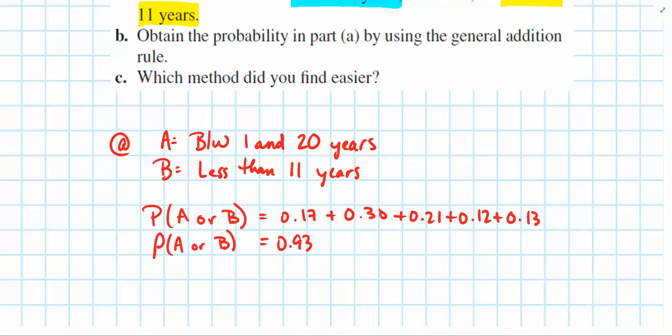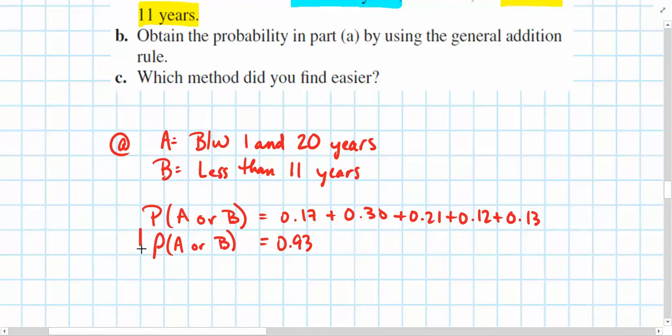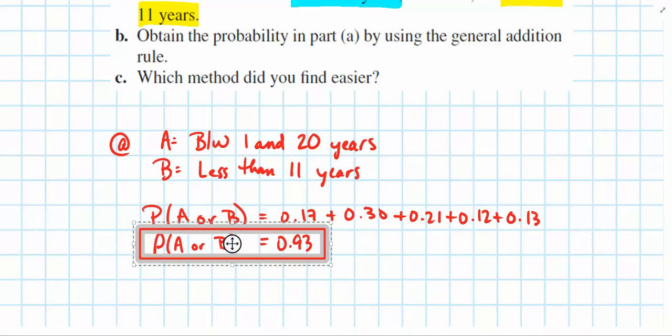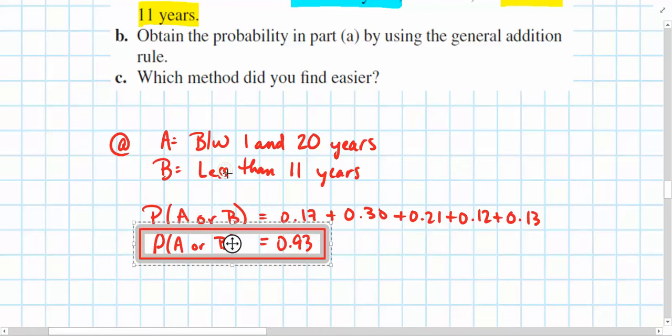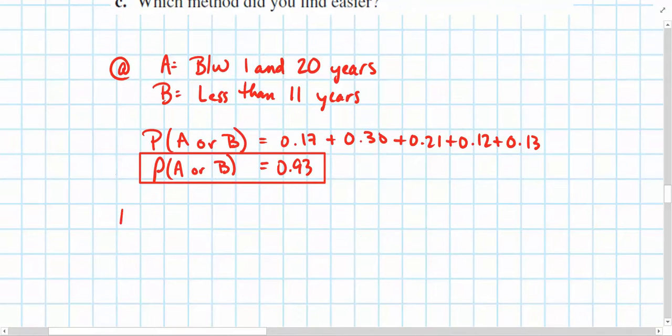So the probability that someone picked up in this study has lived in the United States between 1 and 20 years or less than 11 years is a 0.93 probability, or 93%. Now to answer part B, let's show what this would look like using the general addition rule.